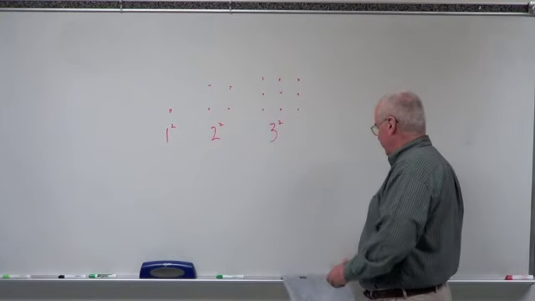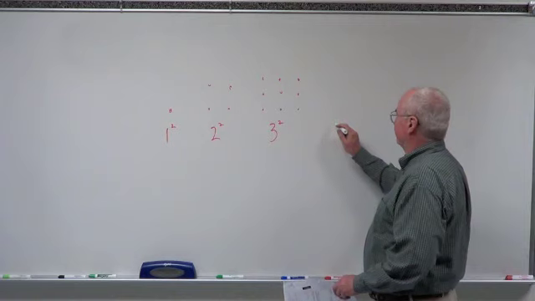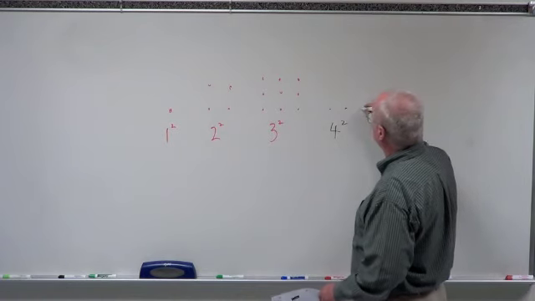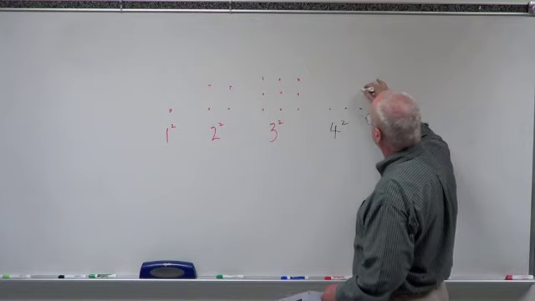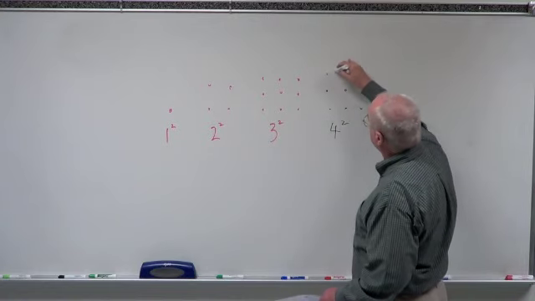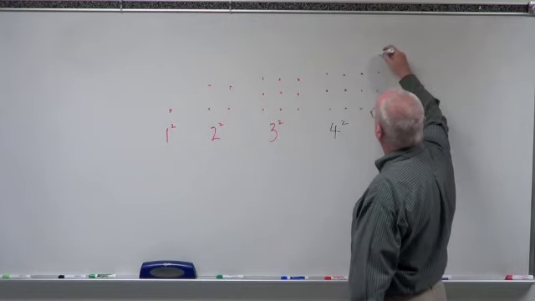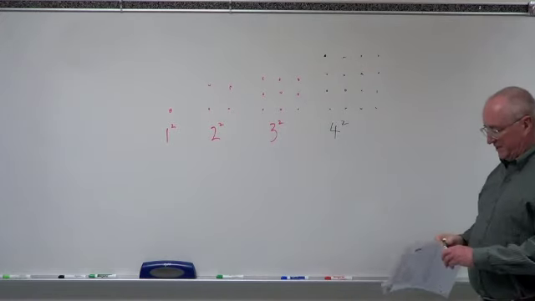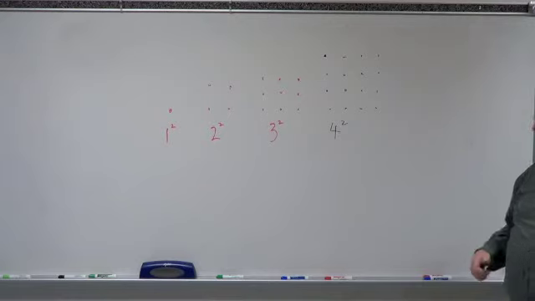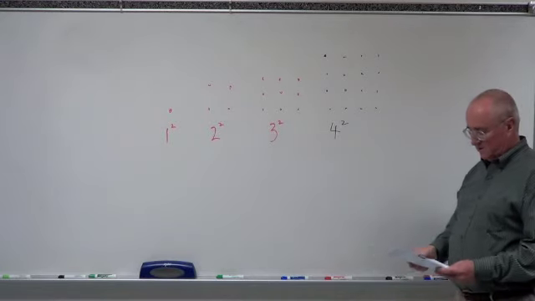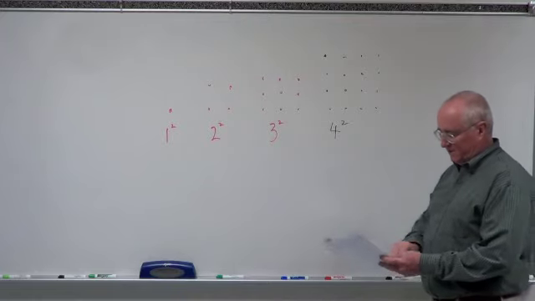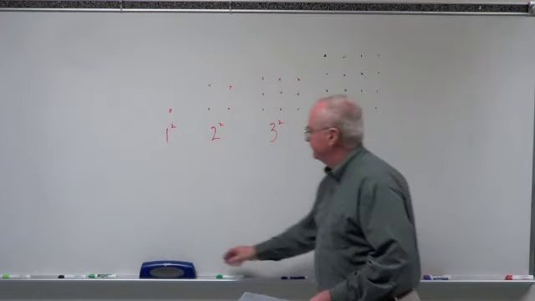What do you think the next one's going to be? 4 squared. 1, 2, 3, 4. What's the next one going to be? 5 squared, so forth and so on. Okay? All right, let's see if we can come up with another one.